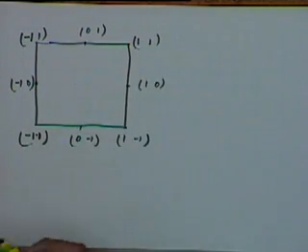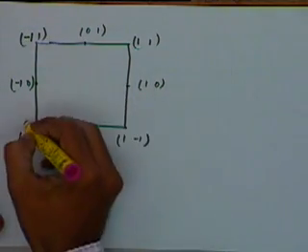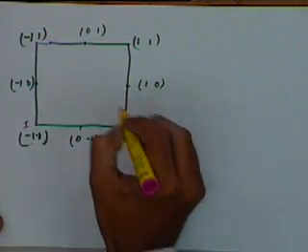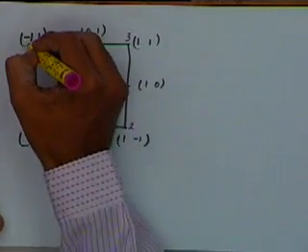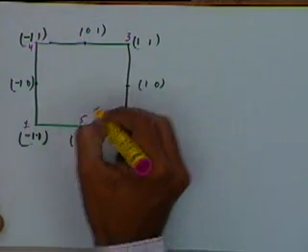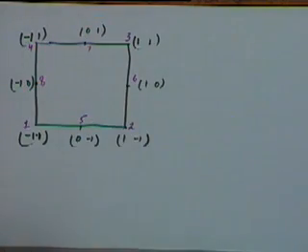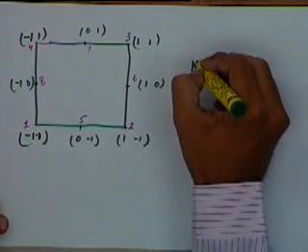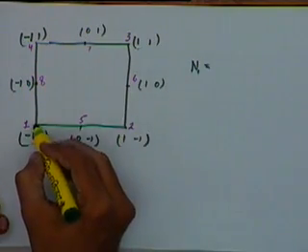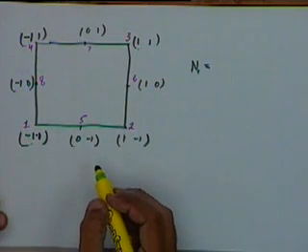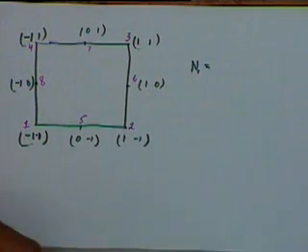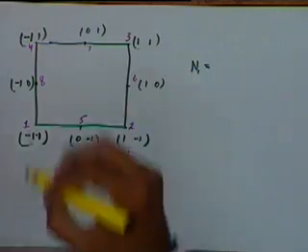Okay, so there are 8 nodes. This is 1, 2, and if you have to define a shape function, let us say N1, which is 1 at this node and is 0 at all the other nodes, we will first draw straight lines.